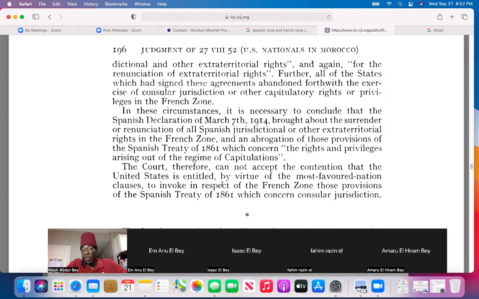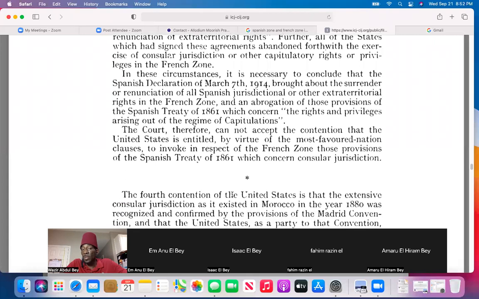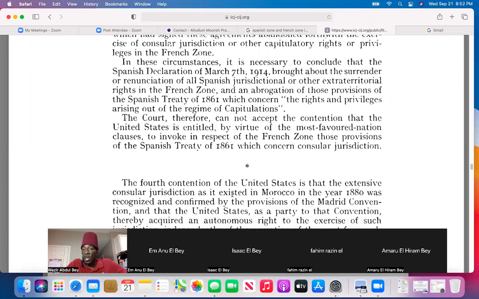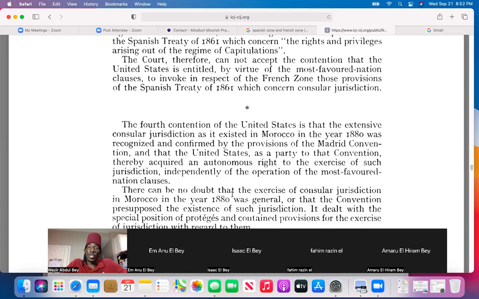The court, therefore, cannot accept the contention that the United States is entitled, by virtue of the most favored nation clauses, to invoke in respect of the French zone those provisions of the Spanish Treaty of 1861, which concern consular jurisdiction.